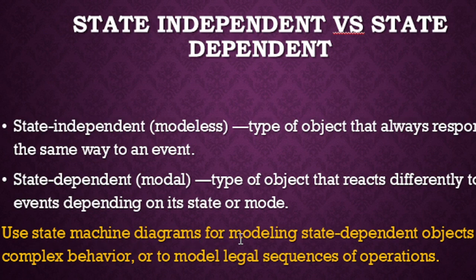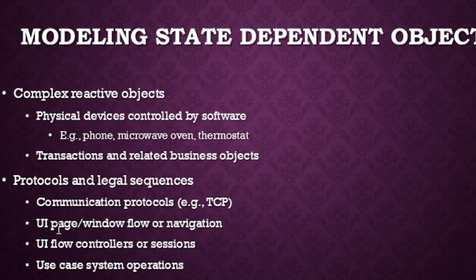So UML state machine diagrams are for modeling state dependent objects with complex behavior, or modeling the legal sequence of operations, and this is extremely helpful in design, which we'll see later on. Here we are interested in complex reactive objects. What are those complex reactive objects?